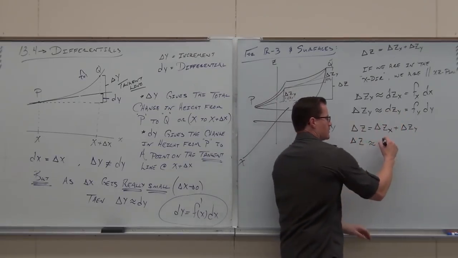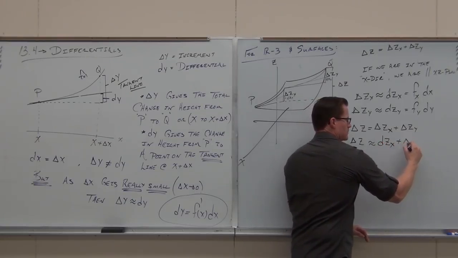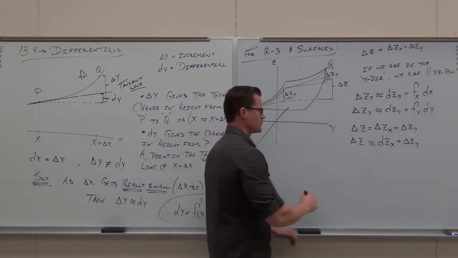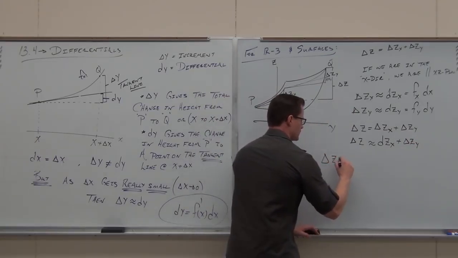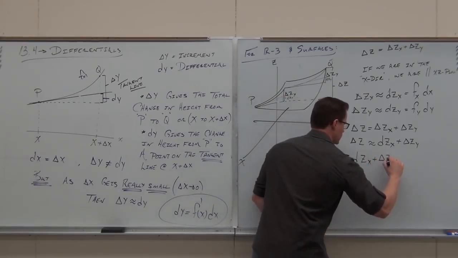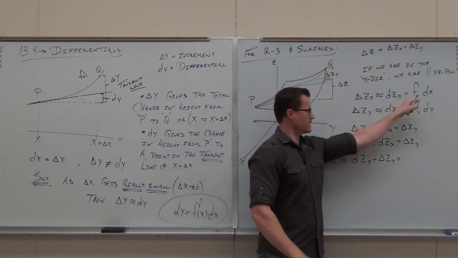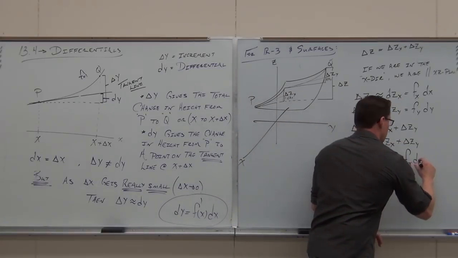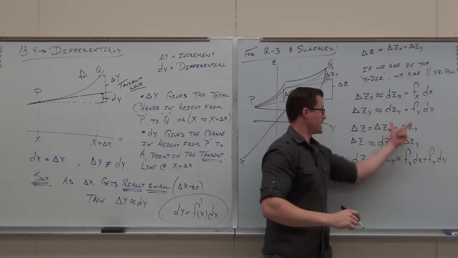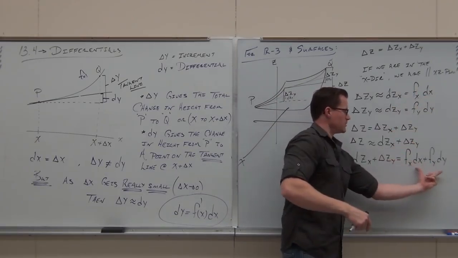So if I drop these down, it now becomes an approximation, but we know what this is. This guy is this guy is this. So we know these two things, if you follow along, are these two things.